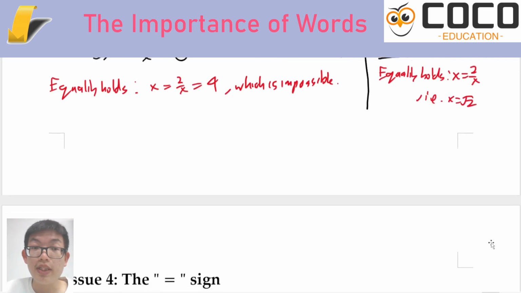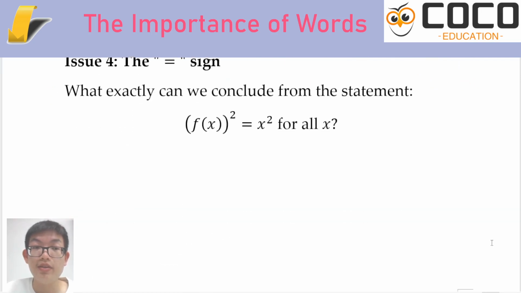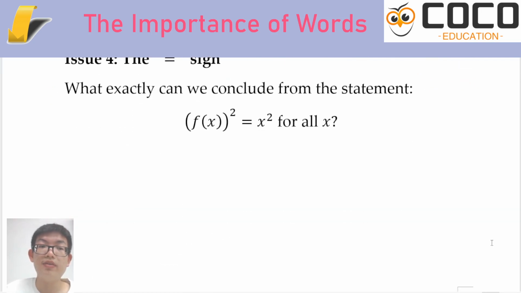Now on to something that is a bit more subtle. What exactly can we conclude from this statement that f(x) squared equals x squared for all x? Here f(x) is a function.